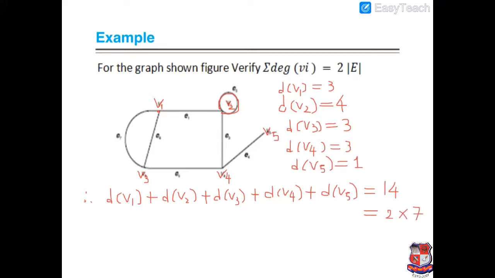Now we have 7 edges in graph G, E1, E2, E3, E4, E5, E6 and E7. So we have a total of 7 edges in our given graph. So we have 2 multiplied by the number of edges, which is 7. Therefore the sum of all the degrees of vertices, that is degree of Vi where i is from 1 to 5, is equal to twice E, that is twice the number of edges.